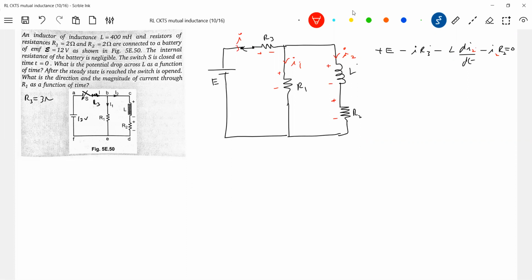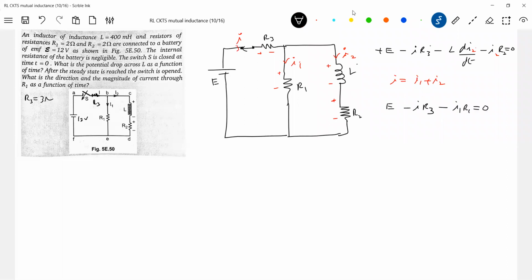I and I2 are there, no. So I'll write the loop equation of plus E, where I is equal to I1 plus I2. So this equation will be E minus IR3 minus I1 R1 equal to 0.